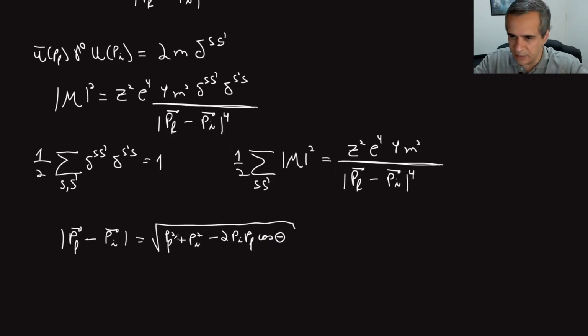Now I can take these two guys to be the same, and just substitute everything for PI. So it'll be PI squared, and another PI squared here.